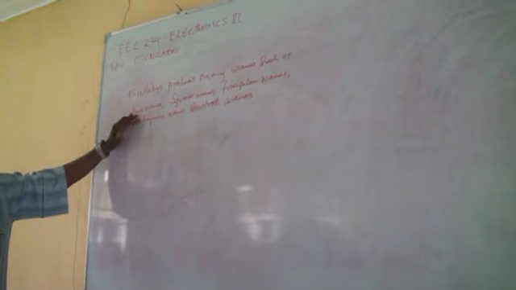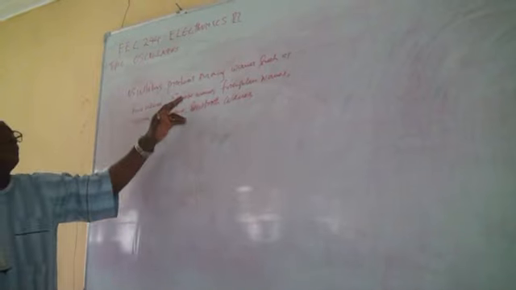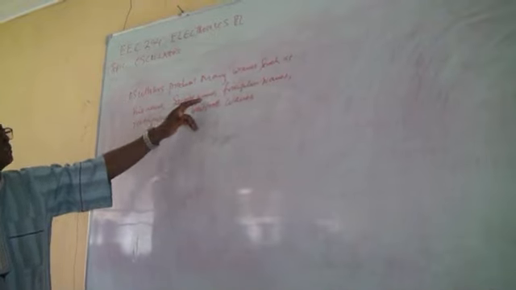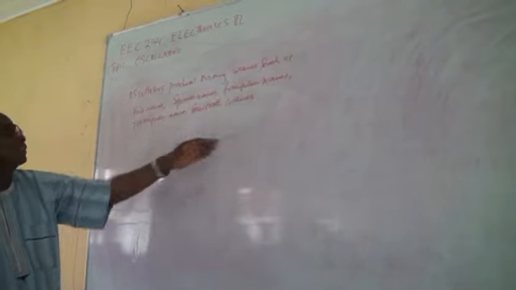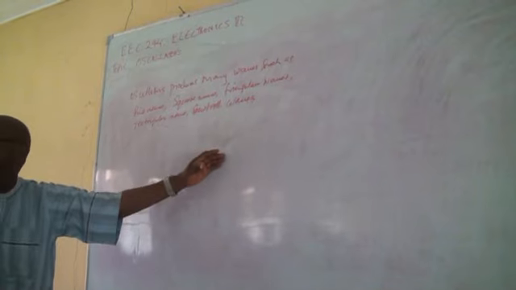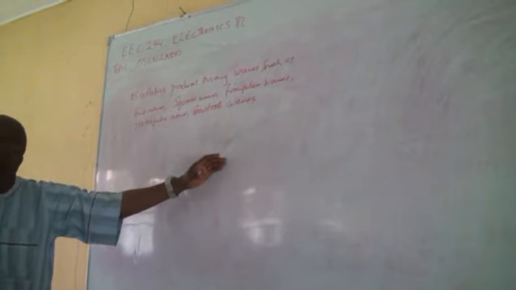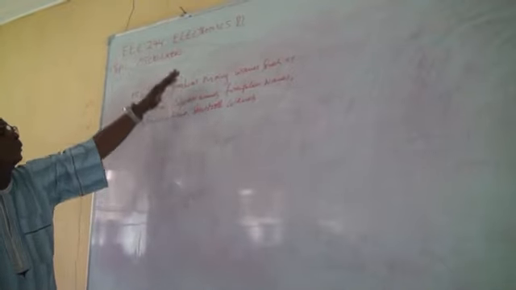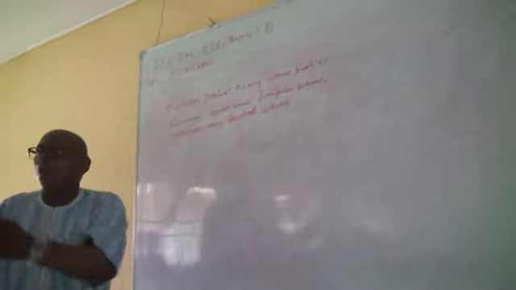Square waves, triangular waves, sawtooth waves and even rectangular waves you find in television circuits. So any circuit that can give you an output in terms of these kinds of waves is an oscillator.